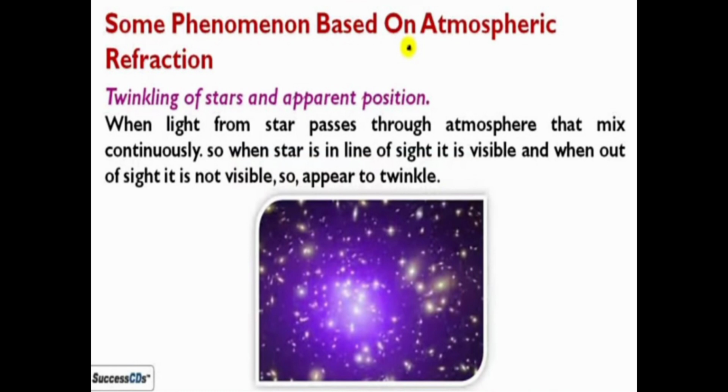As the path of the rays of light coming from the stars varies slightly, the apparent position of the star also varies, and the starlight entering our eye also changes. That's why sometimes the star appears brighter and sometimes fainter. This is the twinkling effect of the star. I hope that I am clear to you.